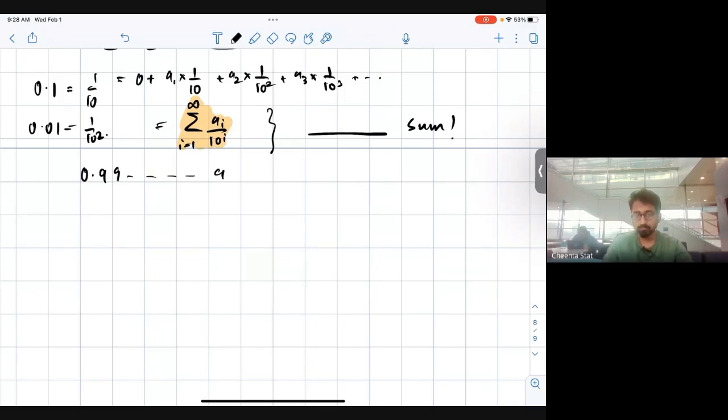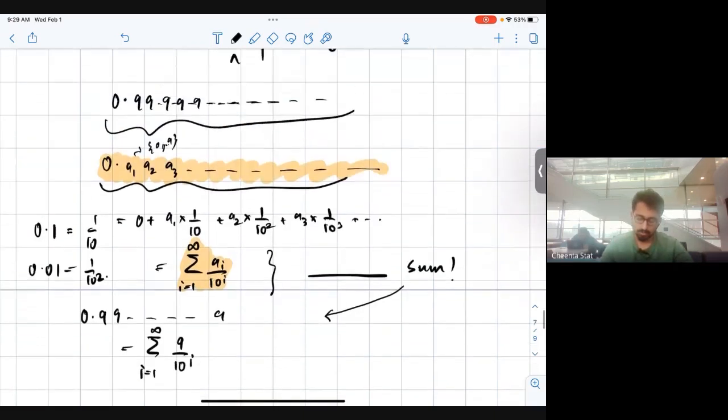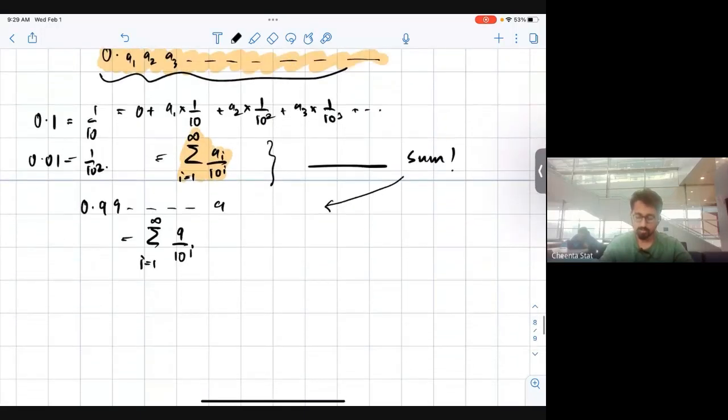It's nothing but the summation of i from 1 to infinity of 9 by 10 to the power i, which is 9 times the summation. What is this sum called? Geometric sum. Very good. Can you calculate this? Please calculate and tell me the answer.